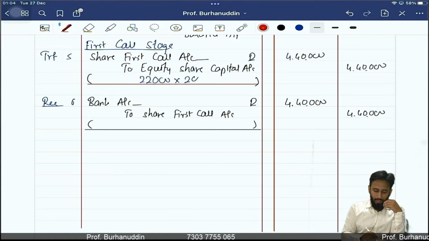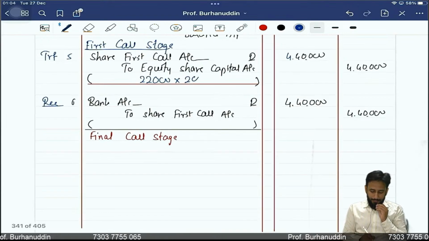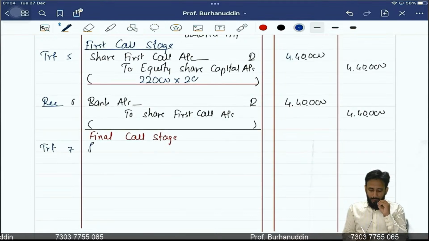Do not skip the narration, guys. Which entry will come here? First the transfer entry, that is going to be share final call account debit to equity share capital account.